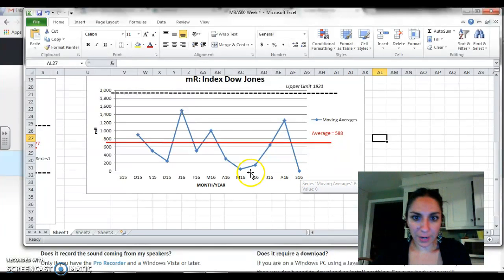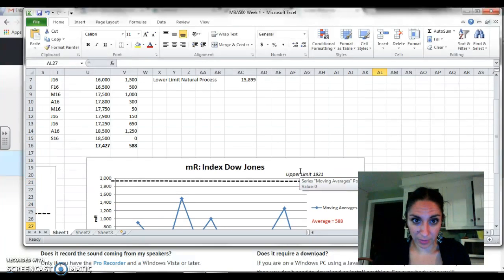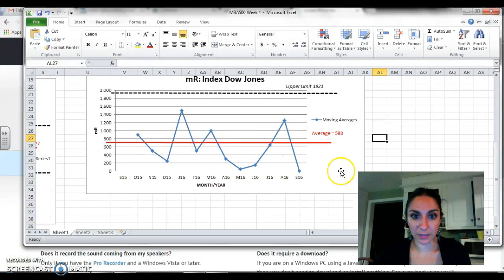To be quite honest, I am not sure if that's a signal or not because it's right on the 0 mark. I assume that there might be because we have a change right here. It's the exact same value. I guess maybe if we see a steady line like this, that would be something we can worry about. But at the moment, we see this moving range kind of moving back and forth.